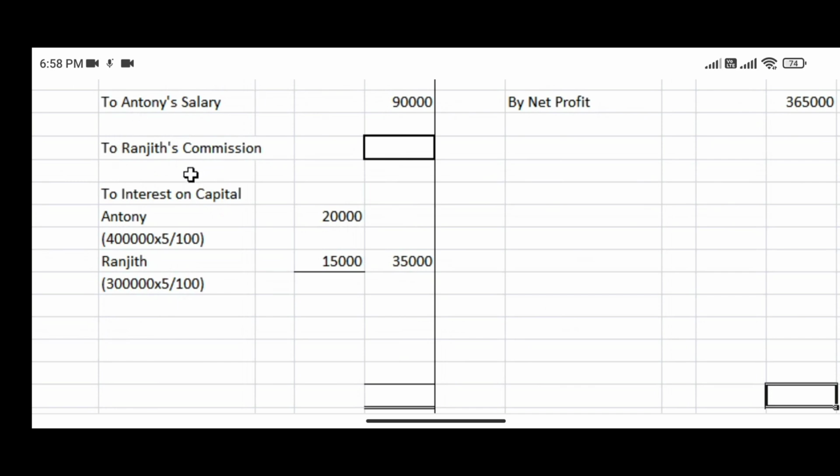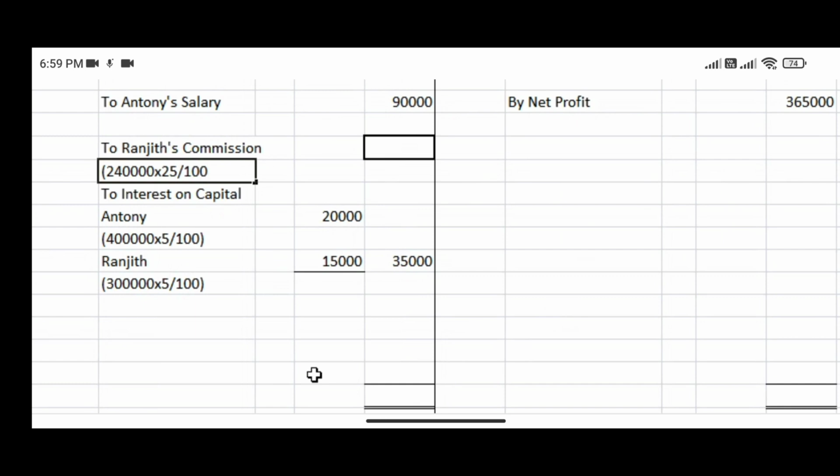So I'm going to open out the calculation for Ranjit's commission also over there. The answer which we got out of the subtraction of the credit side and the debit side is 2,40,000, into the percentage for Ranjit's commission, which is 25%. When it is charged after allowing the salary and interest on capital, the formula will be net profit after charging salary and interest on capital into the rate divided by 100 plus the rate.